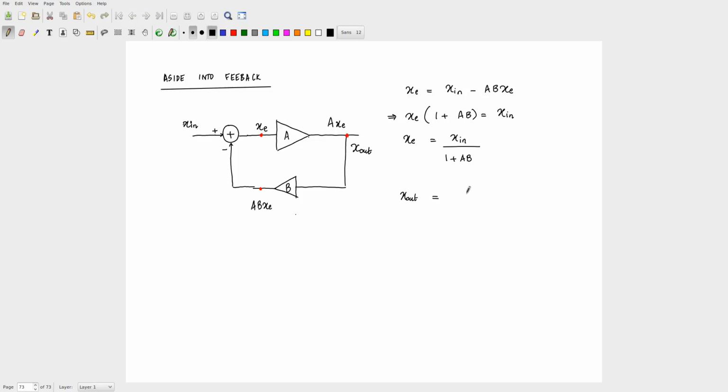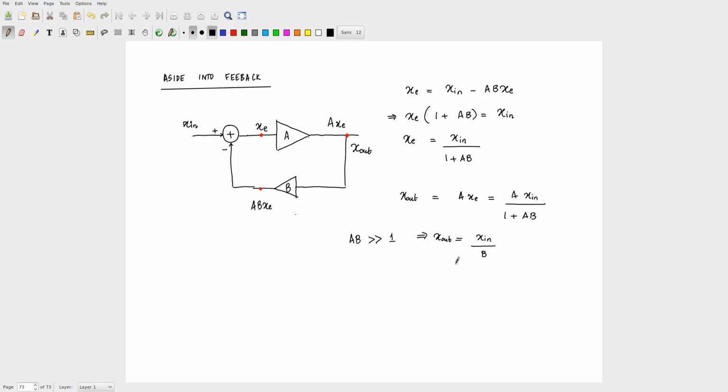This form of the expression, it will be A times XE, which is nothing but A X in divided by 1 plus AB. Okay, in things like this, what did you try and do? So what is the typical thing you did when you had a 1 plus gmRL kind of stuff? What did you do? Right, you assumed that AB is much greater than 1, which implies what will happen to X out? It will become X in divided by B.